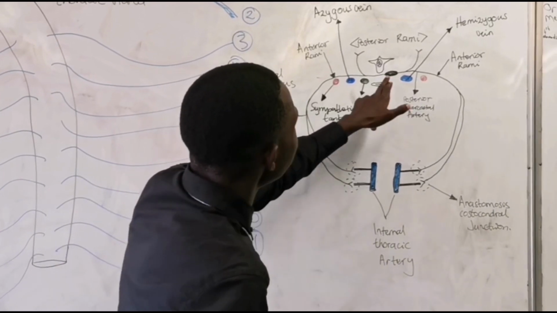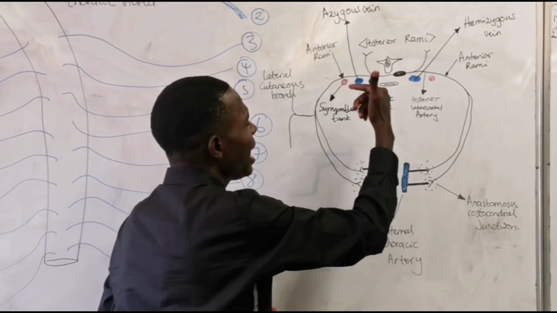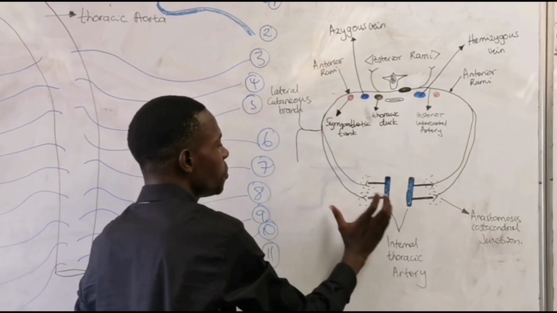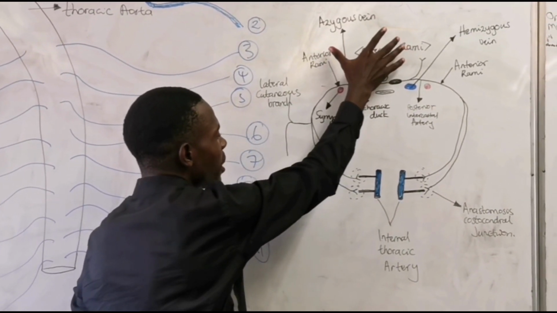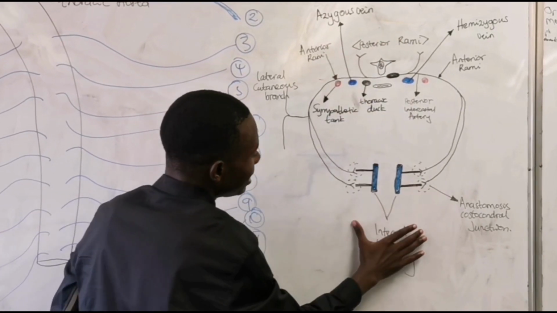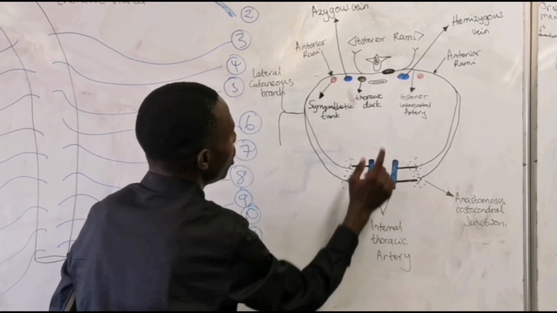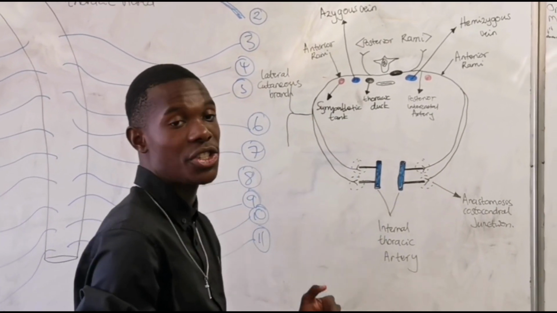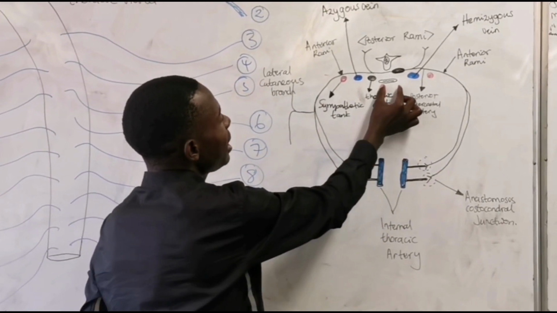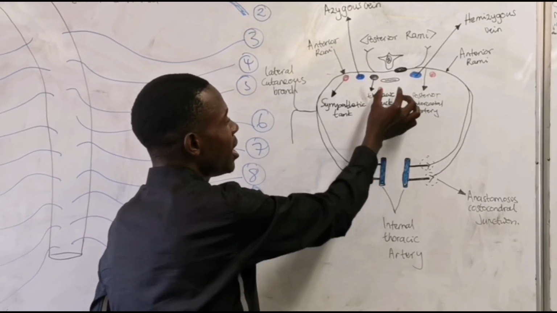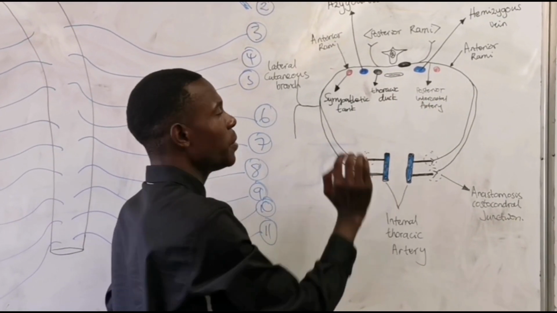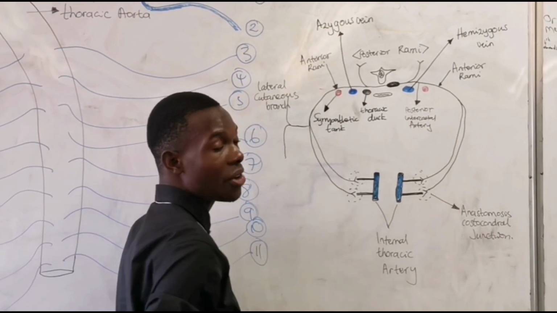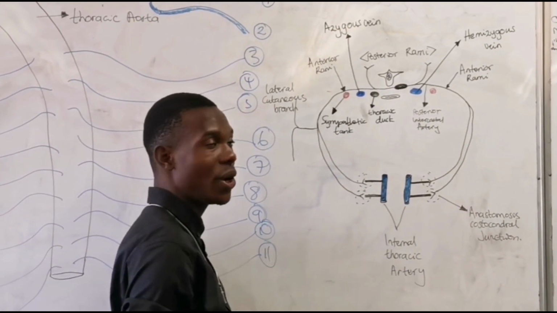Right. So let's start with the right. As the right posterior intercostal artery is traveling to the anterior aspect of the wall, this is the posterior aspect of the thorax, and this is the anterior aspect of our thorax. So we are going to find the structures that it will be posterior to. Firstly, here is the esophagus, which means that the esophagus will be anterior to the right posterior intercostal artery.